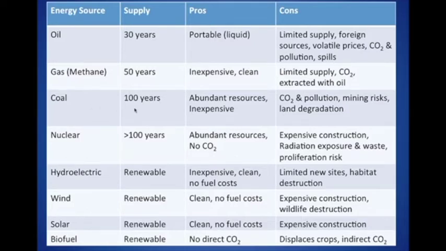Coal, there's plenty of coal for at least 100 years or more, but it's quite polluting. Also carbon dioxide, so global warming risk. There's risks associated with mining, and also if they do strip mining, it's harmful to the land.